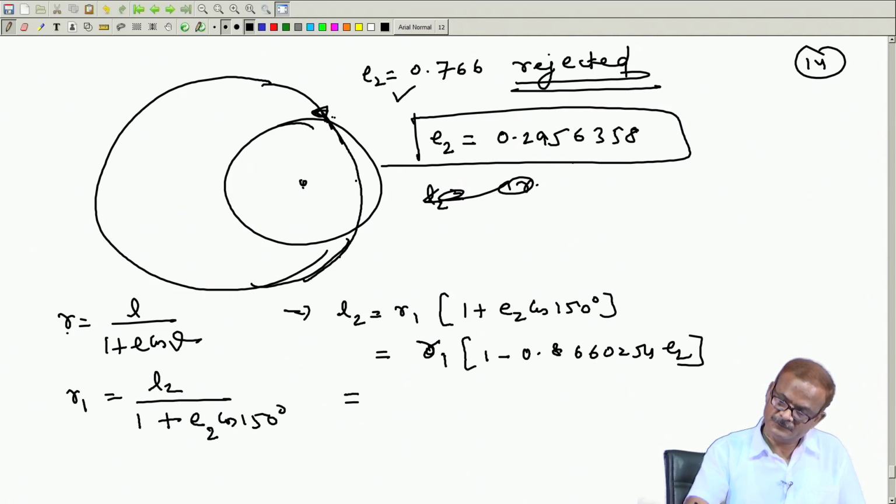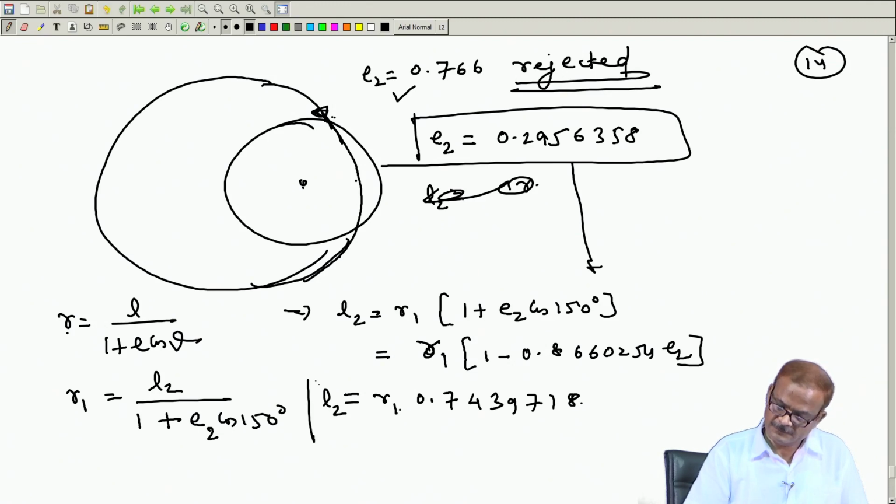Inserting the value of E 2, this gets as r 1 times 0.7439718. So, this is your L 2.